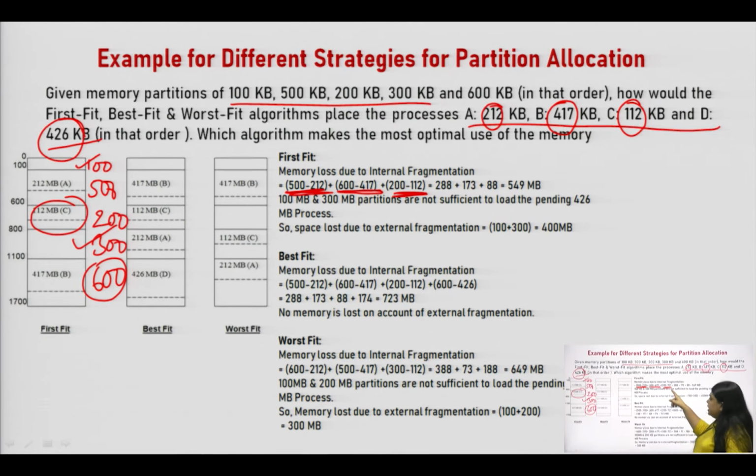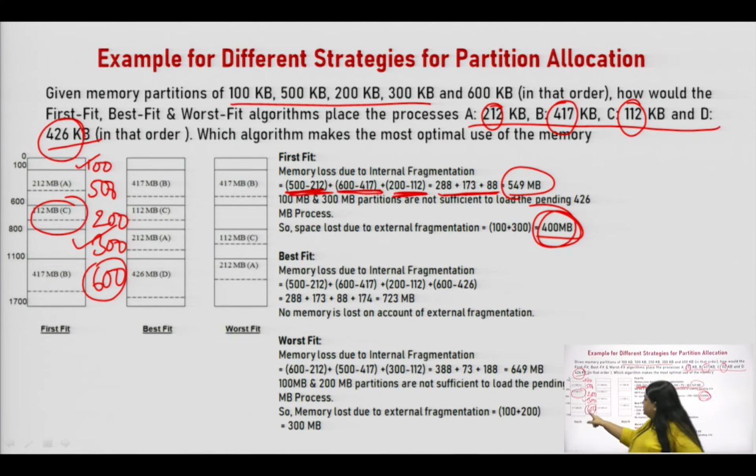Internal fragmentation we have already seen how to calculate, and it is 549 kb, and the external fragmentation is 400 kb, because these two blocks are still free and we had a requirement of 426 kb, but it was not available for us.